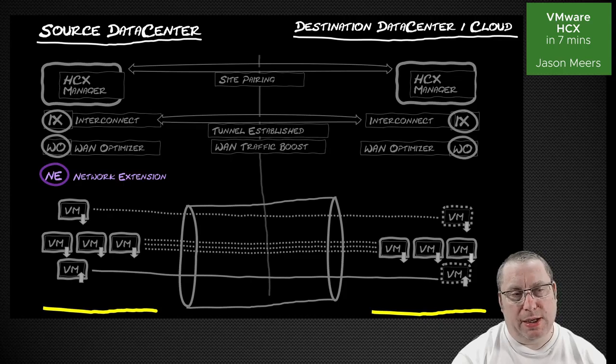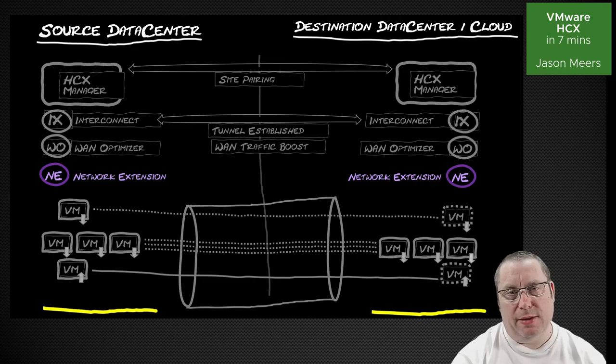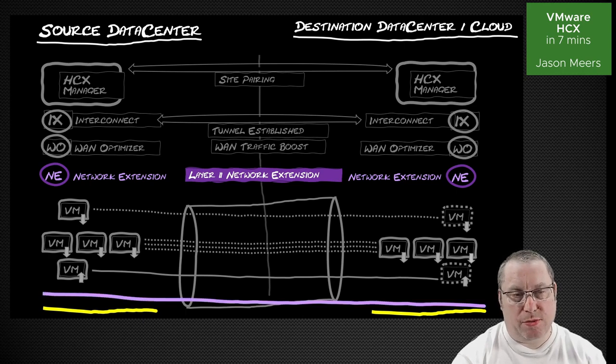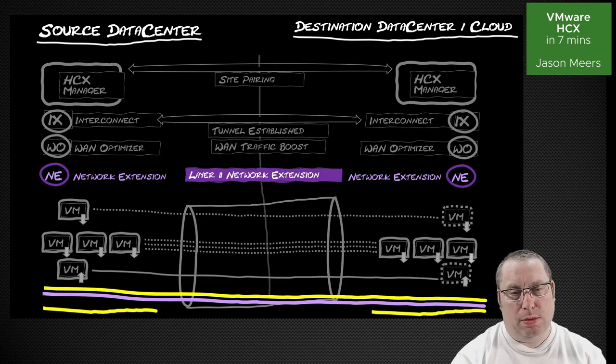So we deploy the network extension appliance at the source data center, we apply it at the destination data center, and that creates this layer 2 network extension. So this network extension is going across the layer 3 network between the two sites, and it creates a new layer 2 segment or new VLAN on top of that.